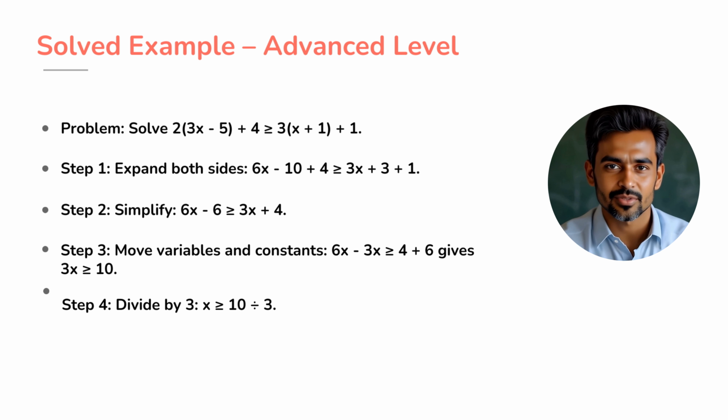Right side becomes 3x + 3 + 1, which is 3x + 4. Now move variables and constants. 6x - 3x ≥ 4 + 6, which gives 3x ≥ 10. Divide both sides by 3. x ≥ 10/3. And that's our final solution.